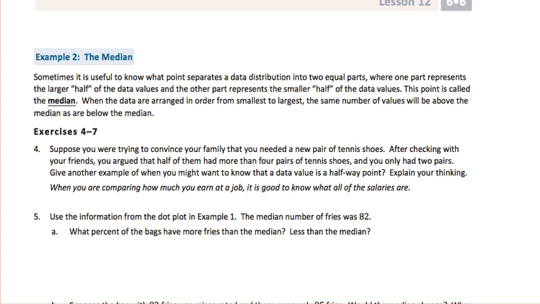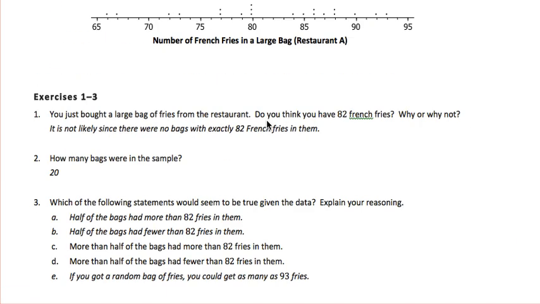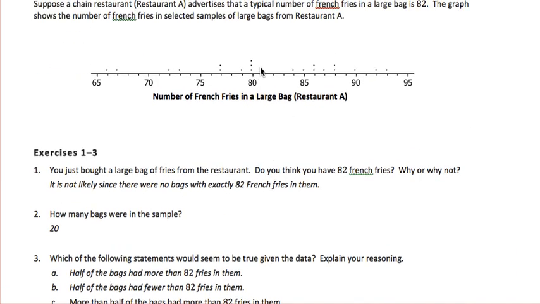Now, thinking back to the information in the dot plot in example 1, the median number of fries was 82. We want to know how many or what percent of the bags have more fries than the median, and then what percent has less than the median. So we'll just look back at our dot plot. Remember, the median is 82. And that was the number that we compared in all of the questions in exercises 1 to 3.